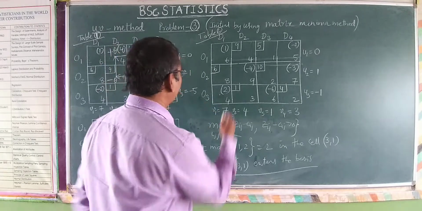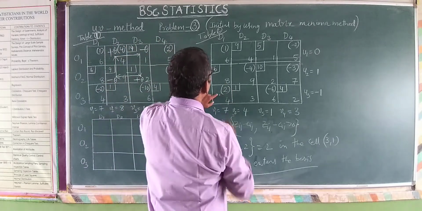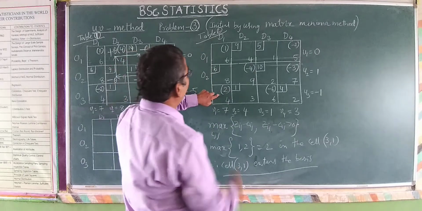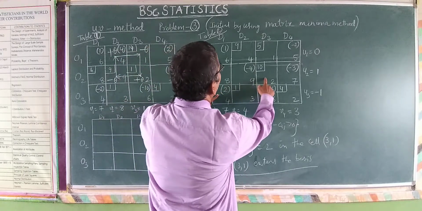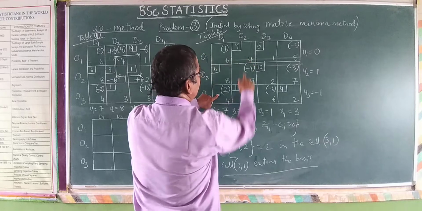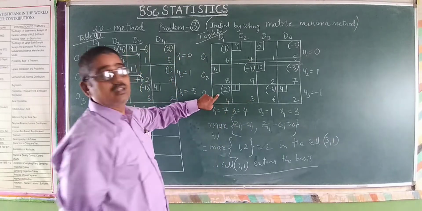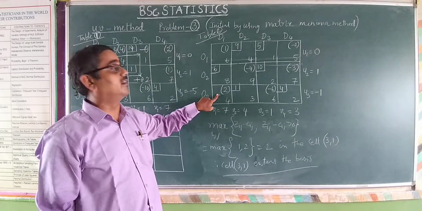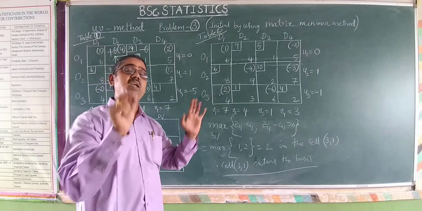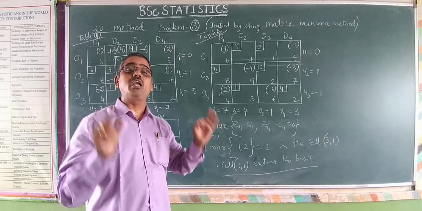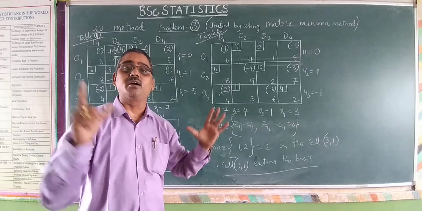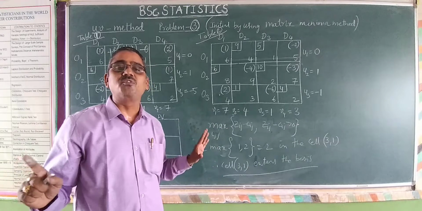So cell 3 1. Now you start here. Observe the loop here: 1, 2, 3, 4, 5, 6. Wow, very good. That's a very good loop we obtained, right? Again I repeat, the loop is one and only one. It is unique. You need not be confused.